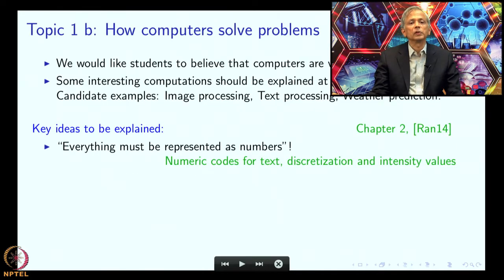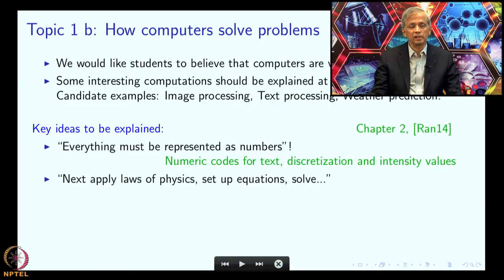Once you express everything as a number, we can apply laws of physics or somehow get the relationship between numbers and ask questions about the numbers, or we can say here are the equations that these numbers had better satisfy, and so we solve them.